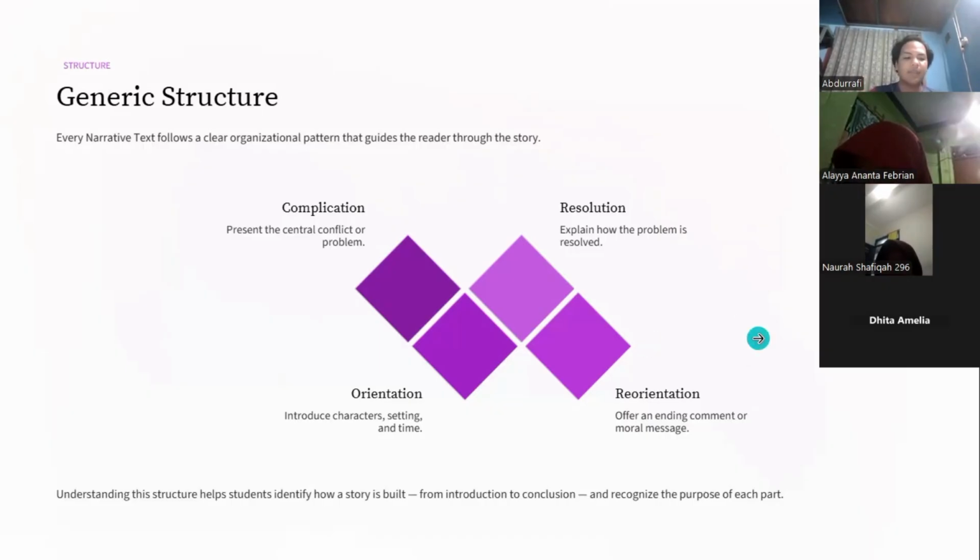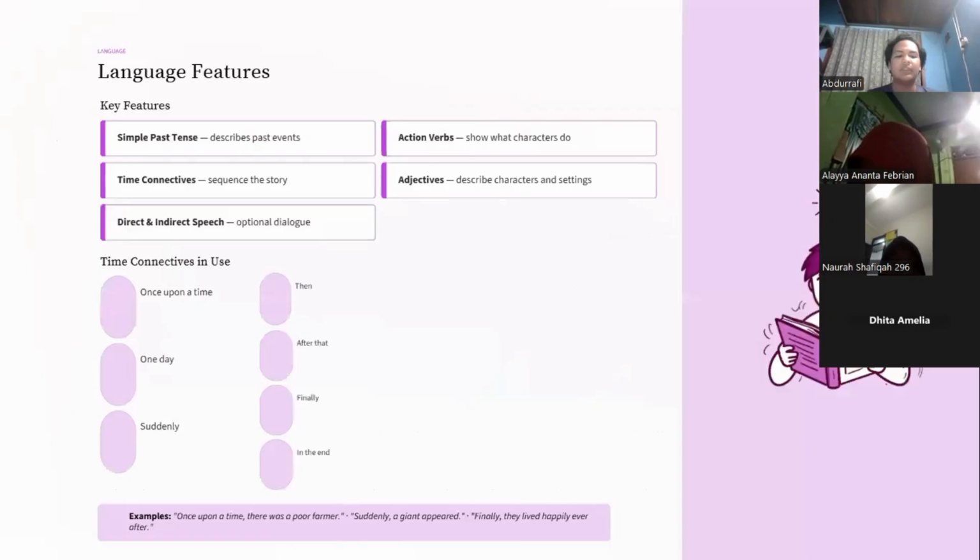Okay, now let's learn about the language feature of narrative text. First, narrative texts usually use the simple past tense because they tell events that happened in the past. And second, they use action verb such as run, help, coach, and walk.